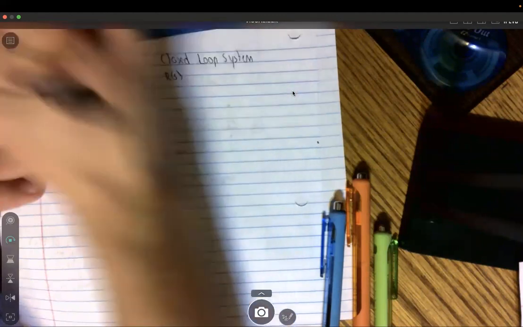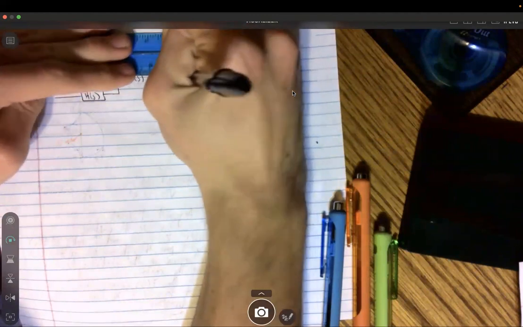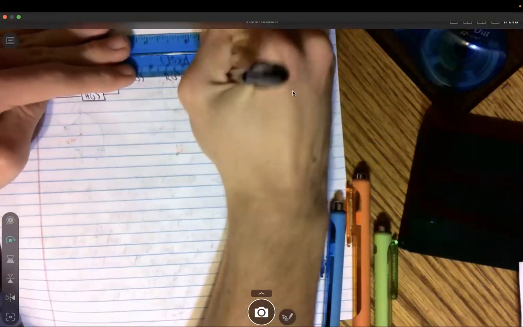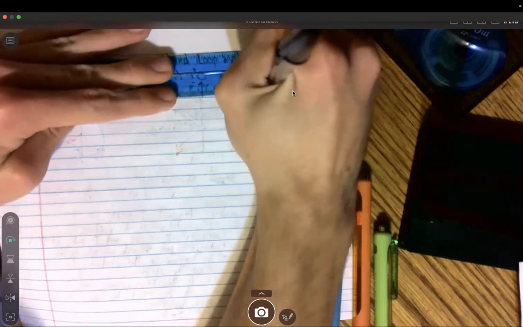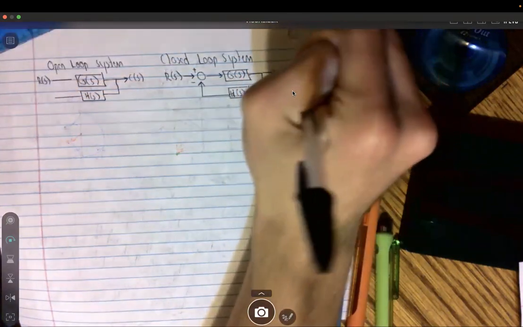When you have your closed loop system, you have your input, your R of S, and it goes through an adder, because you'll actually have feedback since you closed it. You'll have your G of S, which would be your forward path gain. Then you have your H of S down here. And then you're going to have your output C of S.